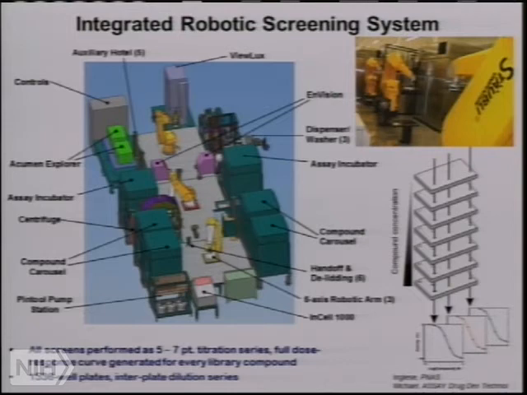We can centrifuge plates. We can incubate plates for, say, mammalian cell-based assays. We can run those at 37 degrees, 5% CO2 for up to 3 days without appreciable evaporation of samples. And we can read signal through various plate readers that are integrated in the system.